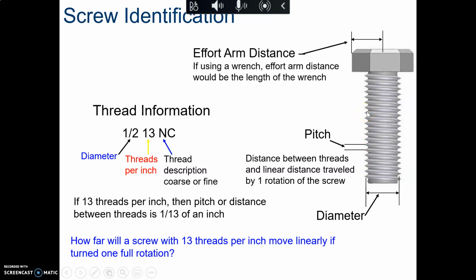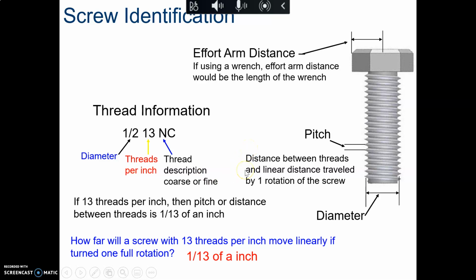So from the bottom of the bolt to where my cursor is, that would represent 1 inch scaled, and that's how many threads per inch, 13. And then the next thing is if it's fine thread or coarse thread. We usually see coarse for bigger things, outdoor things, fine thread, electronics, machine screws for your TVs, other things like that.